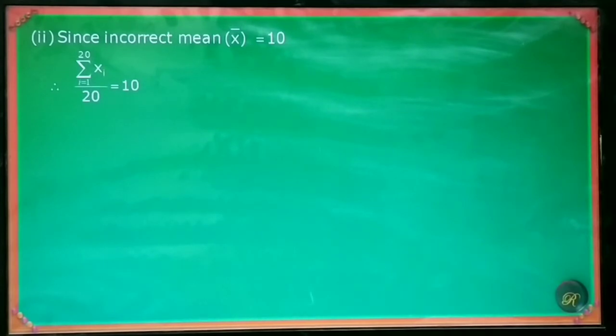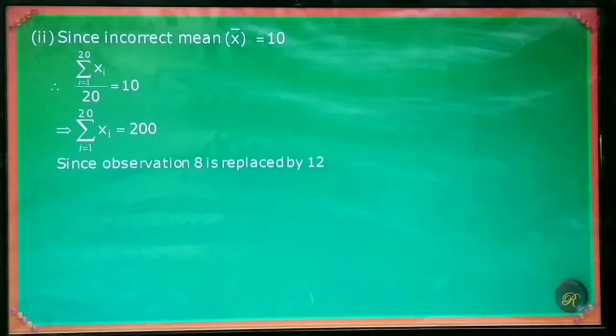This implies sum of 20 observations is equal to 200. Since observation 8 is replaced by 12, therefore correct sum is equal to 200 plus 12 minus 8 is equal to 204.